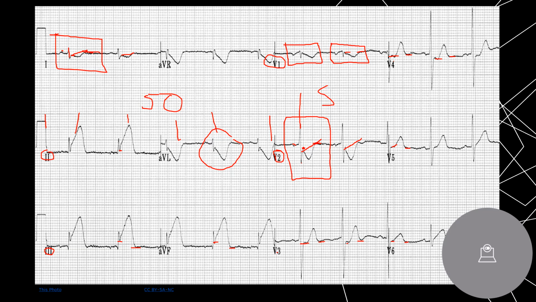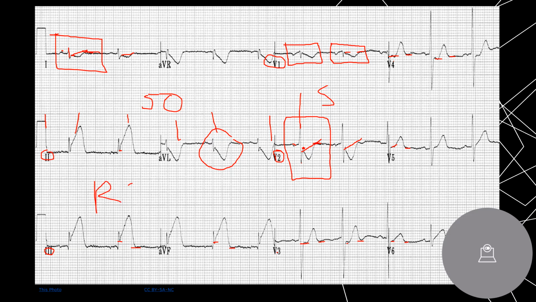That's 2, 3 and aVF, the right coronary artery. That's the inferior wall, which is fed by the right coronary artery. In 90% of the population, the electrical system is perfused, and what I mean by electrical system is that the SA node and AV node are perfused by the right coronary artery.